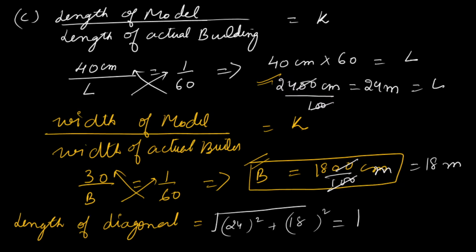Now what's the square of 24? Squares, I believe till now you have learnt. Directly you should be able to do all this. What's the square of 24 and 18?